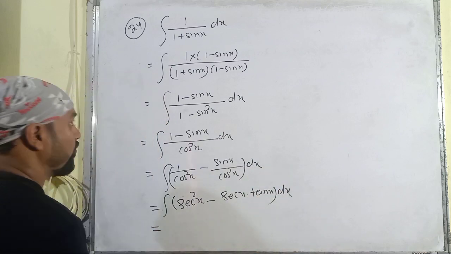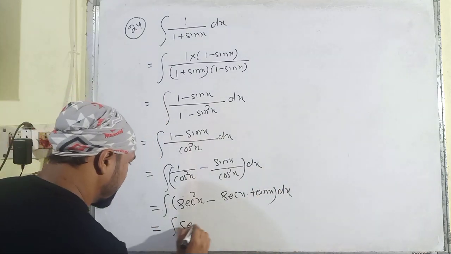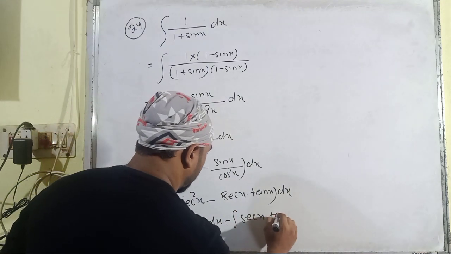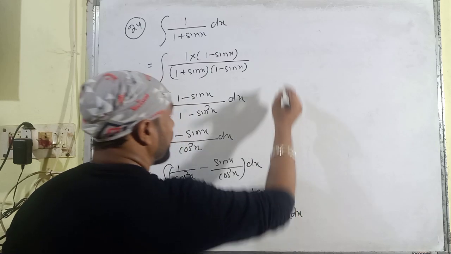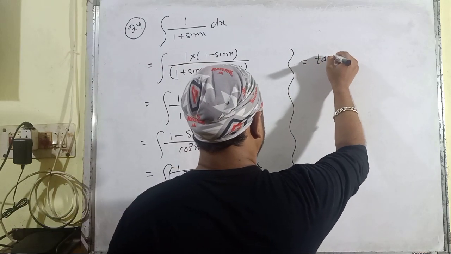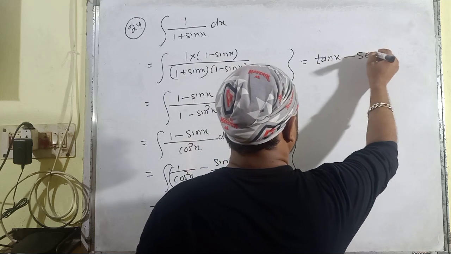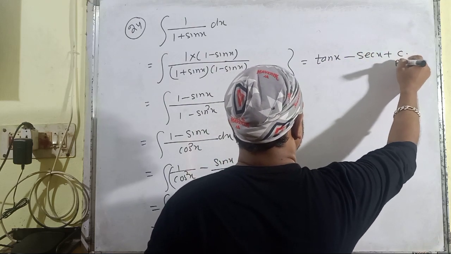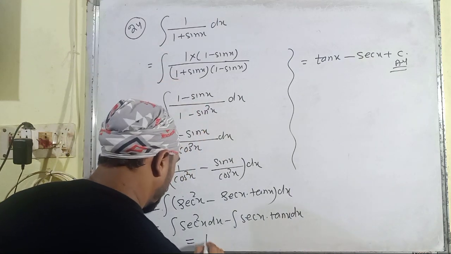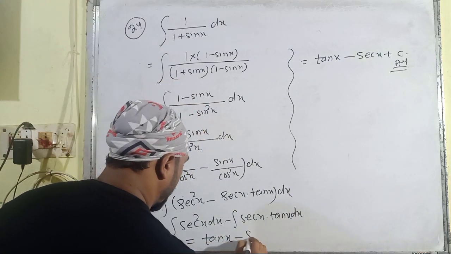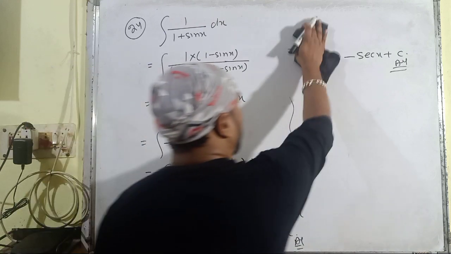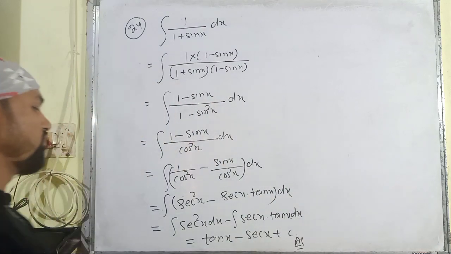Then by applying the algebra of integration, it is the integral of sec square x dx minus the integral of sec x into tan x dx. The integral of sec square x is tan x, minus sec x, plus any constant c, and this will be the answer for problem number 24.